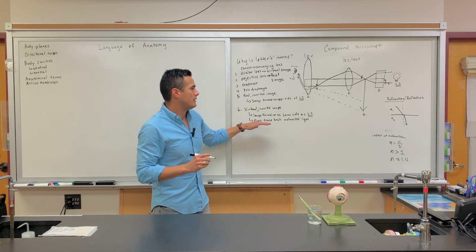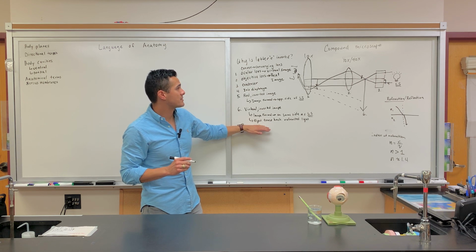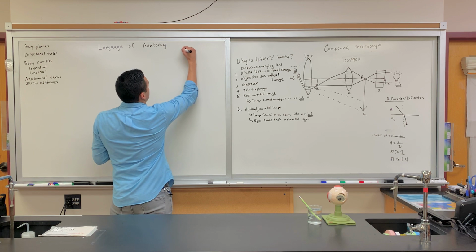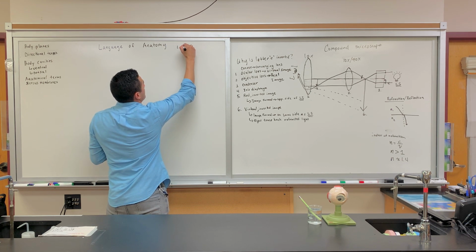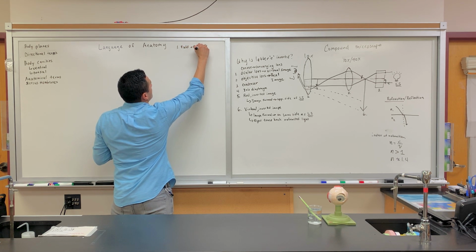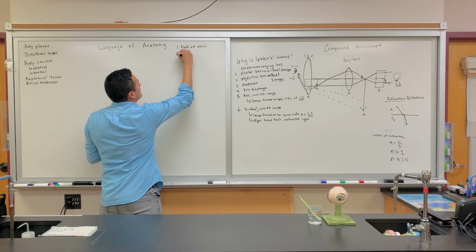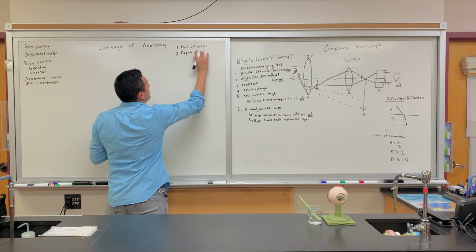All right. So now we need to talk about a couple other different concepts for the microscope. So one is, I'll just leave this up here, the field of view, and two is the depth of field.